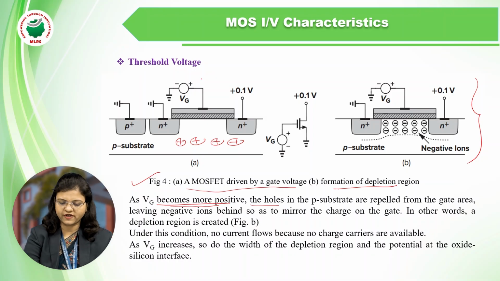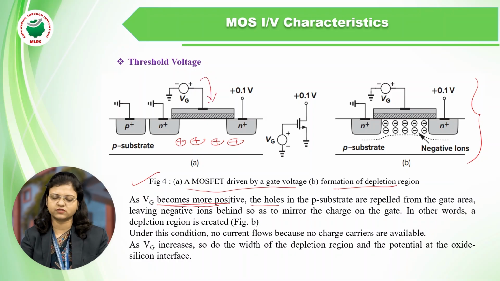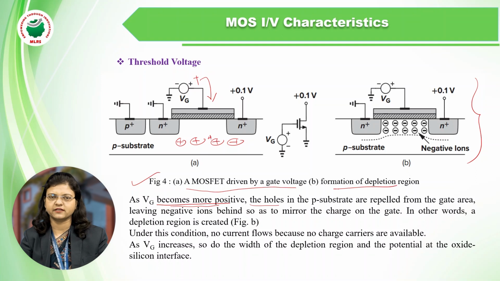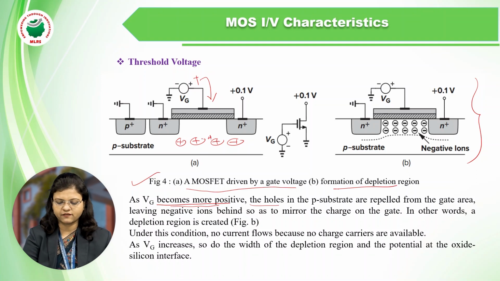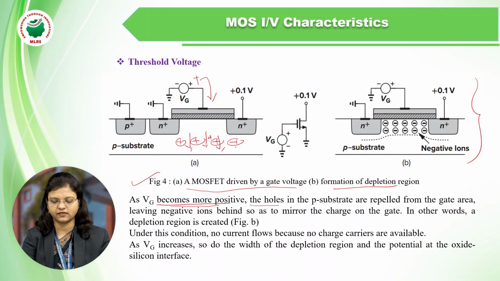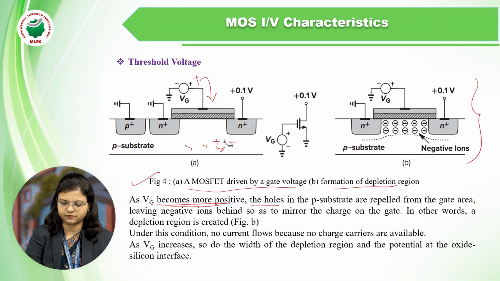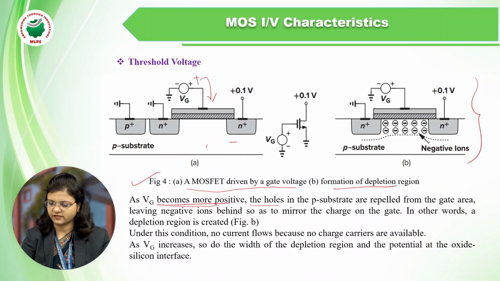We know that opposite charges attract each other, but here there is positive on both sides, so they will be repelled. The positive holes will be repelled back from this gate area, and they will leave negative ions behind, just like the figure is showing negative ions.